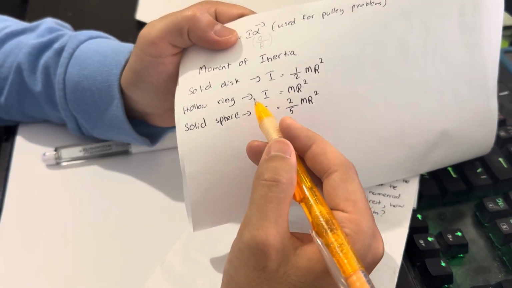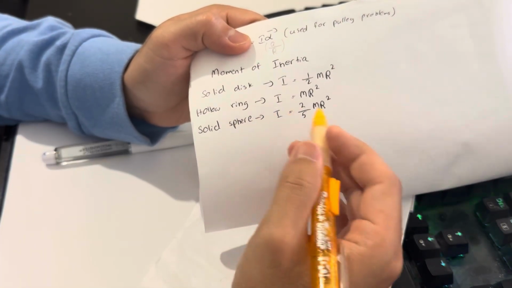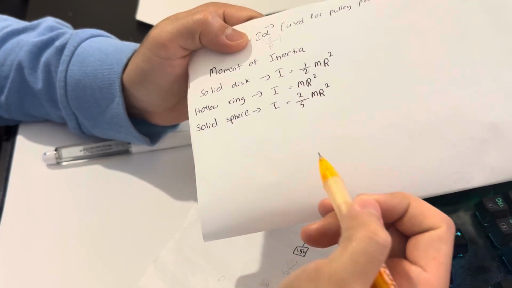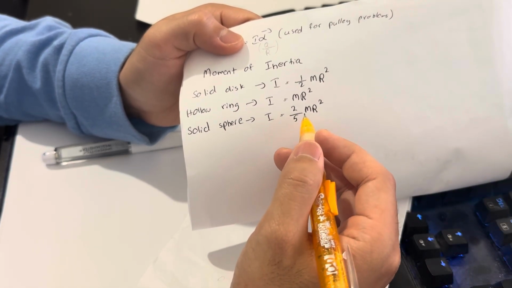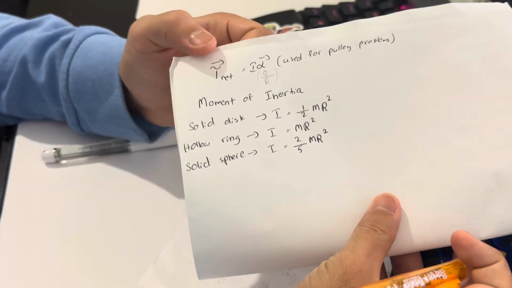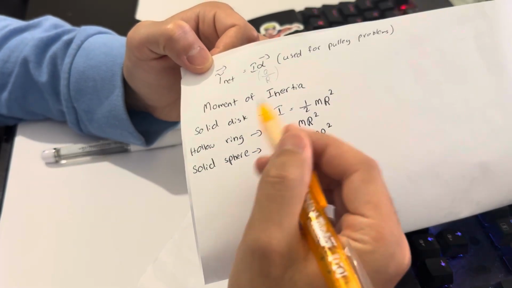For a hollow ring, I is equal to mr squared. For a solid sphere, I is equal to 2 by 5 mr squared. You need to keep that in mind before we start, because we're going to use this.